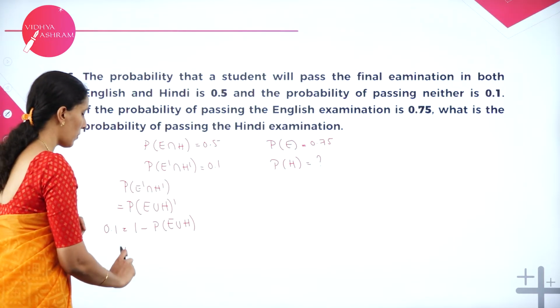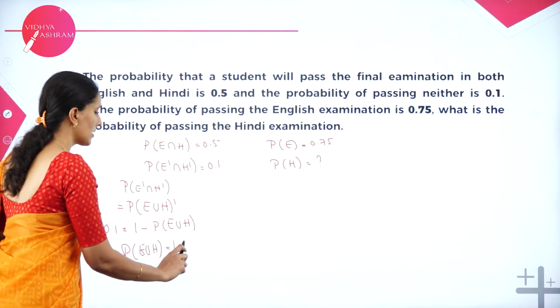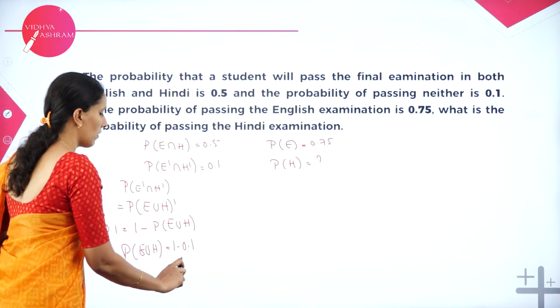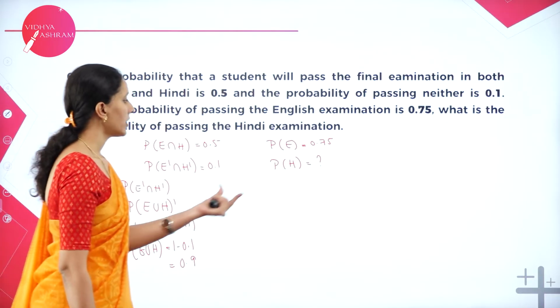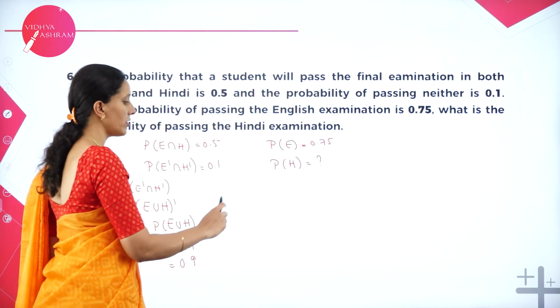So if I need probability of E union H, its value is 1 minus 0.1, its value is equal to 0.9. Now I need to calculate the probability that he will pass in Hindi examination.